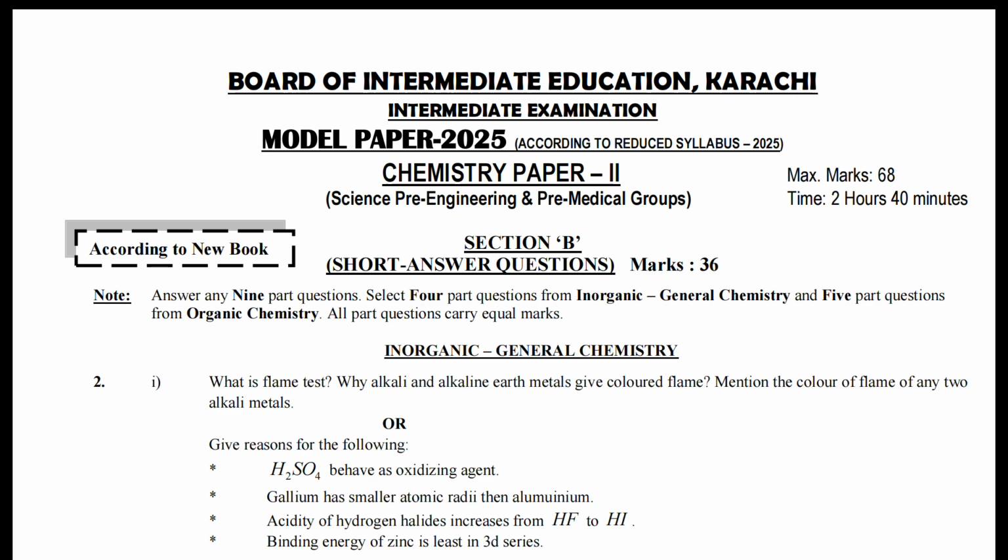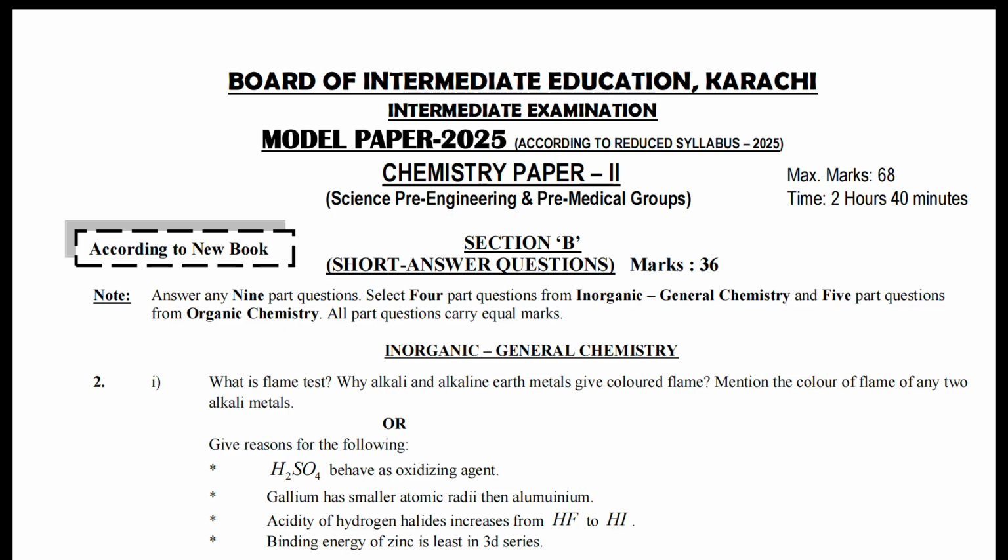In chemistry, you have inorganic and organic chemistry. So 4 short questions must be attempted from the inorganic and 5 should be attempted from the organic chemistry. How many questions do you get in total? You get a total of 14 short question answers, 7 in inorganic and 7 for organic chemistry.